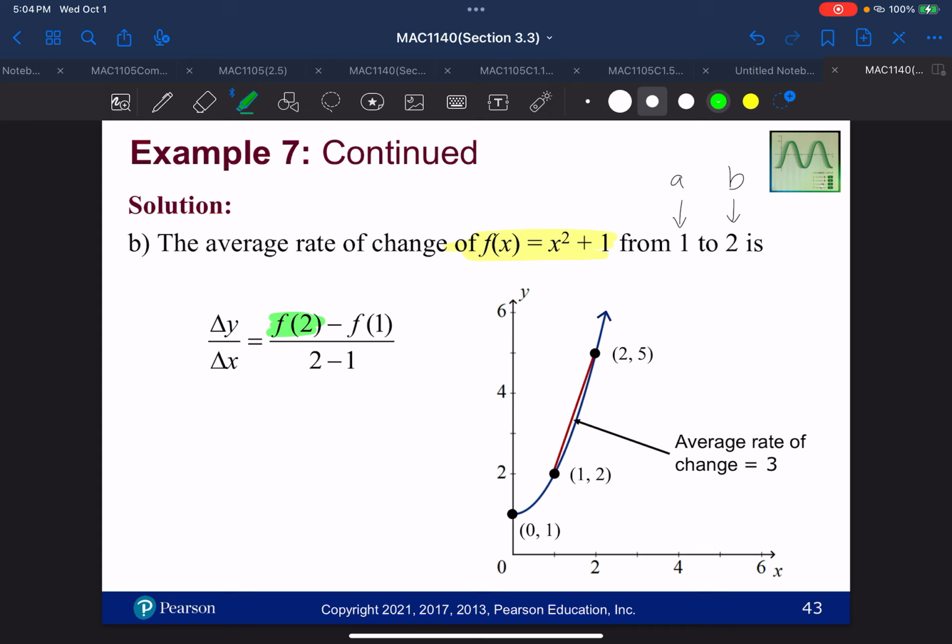And if I look on x is 2 and find the y value, that would be 5. And f of 1, if I find the x value of 1, that would be equal to 2. So this would be 5 minus 2 over 2 minus 1, which is 3 over 1, which is 3.